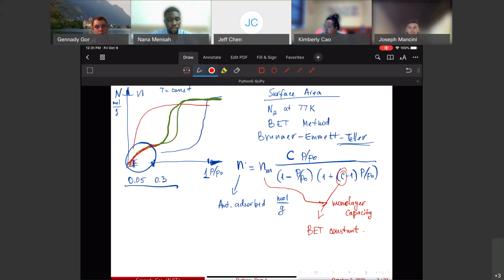This equation allows us to calculate from experimental data the surface area, which is called the BET surface area.